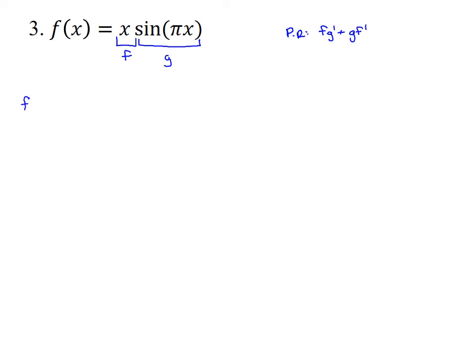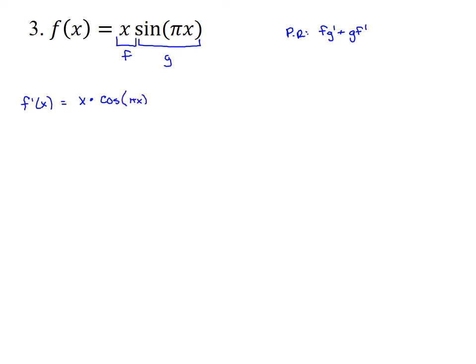When you go to find the derivative of this function, you would take f, which is x, and here's your next chain rule part. Anytime you have a trig function of an angle and the angle is something other than x, like pi x, that means you have to do the chain rule technically. So here's how the chain rule works in trig. You take the derivative of the trig function, which is cosine pi x.